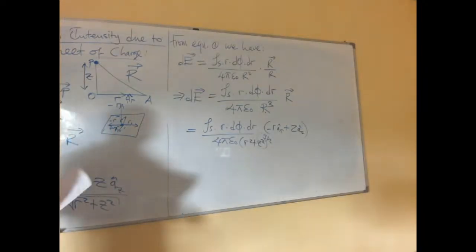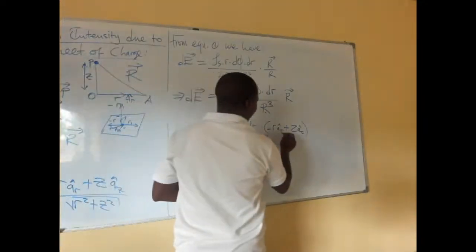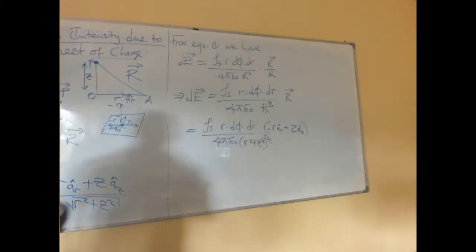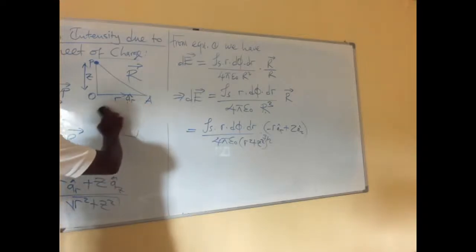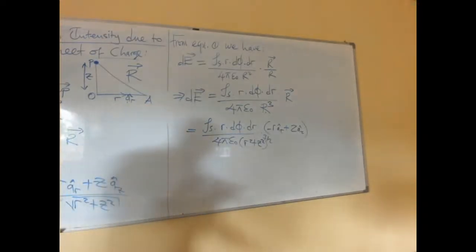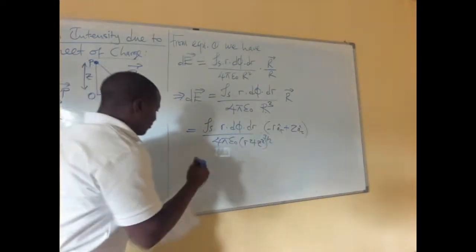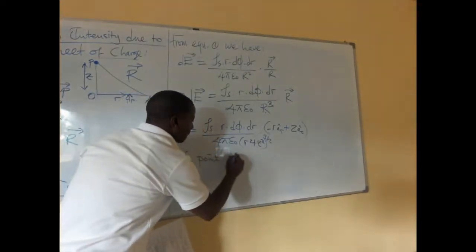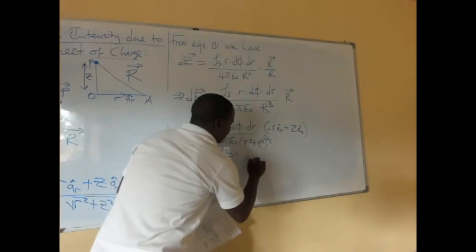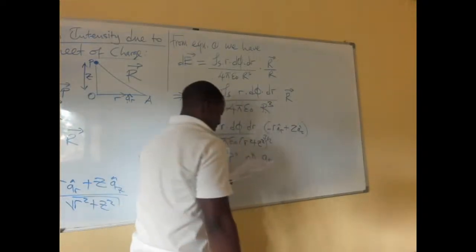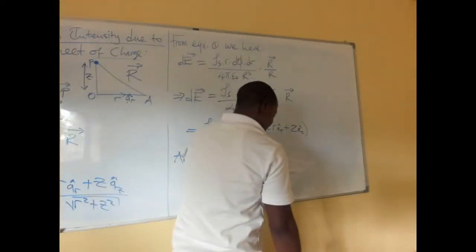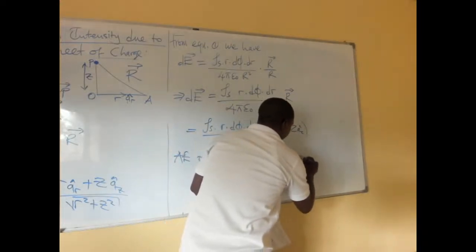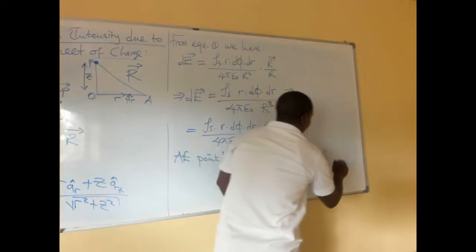So that means that this ar here gives us a 0. We don't have any components in the ar direction. Right, so we have to mention that. So at point P we don't have components in the ar direction; all ar components will actually cancel.